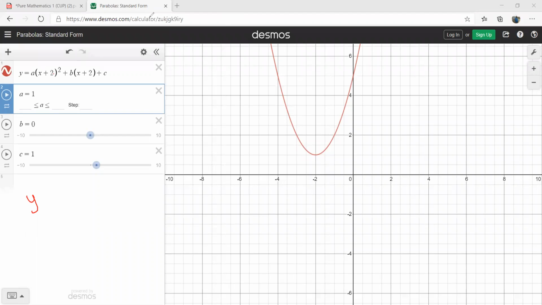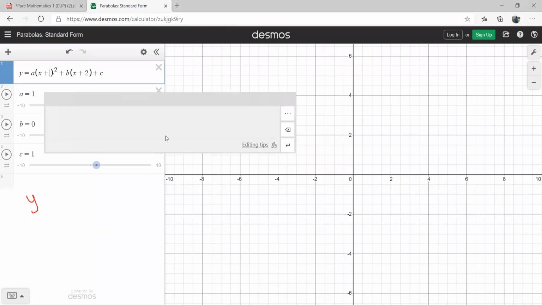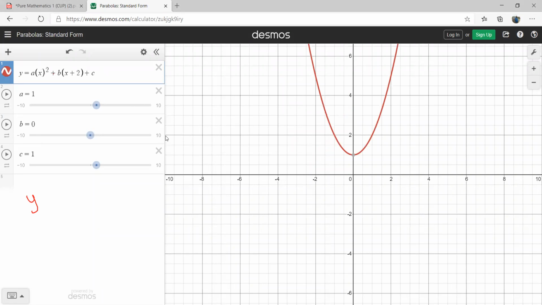Let me erase this. So this is your y = ax² + bx + c. Now the equation for this graph right now is y = x² + 1. You can see that.